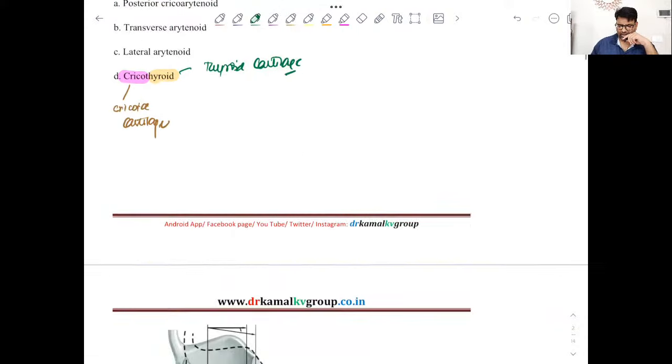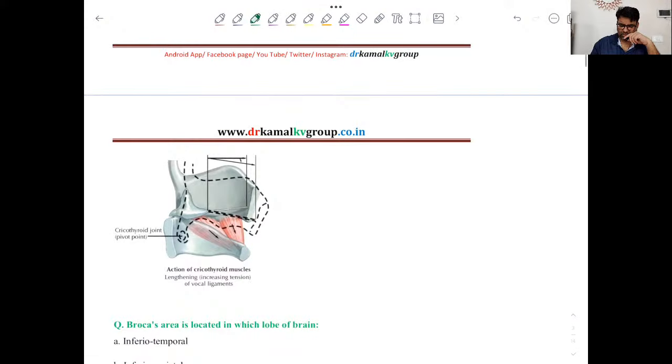If you look here, this is the thyroid and this is the cricoid, right? There is a muscle extending from the cricoid to the thyroid cartilage.